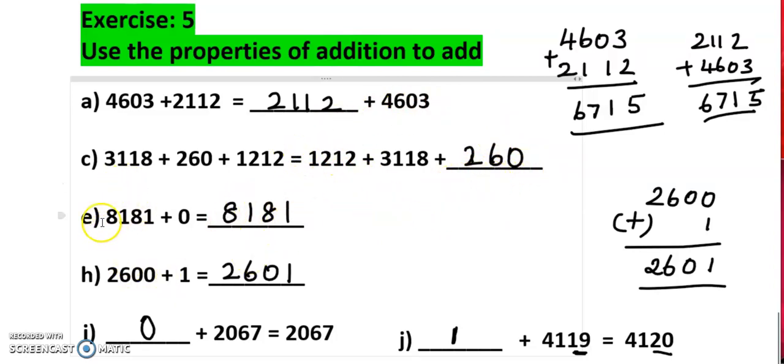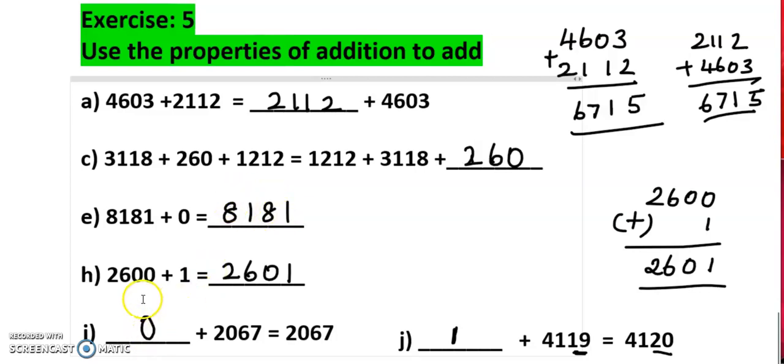Next one is the zero property. They have given zero here. So 8181 plus 0, if you are adding, you will get the same answer. That is, if you are adding any number with 0, you will get the same answer. That is, the sum remains the same. So 8181.